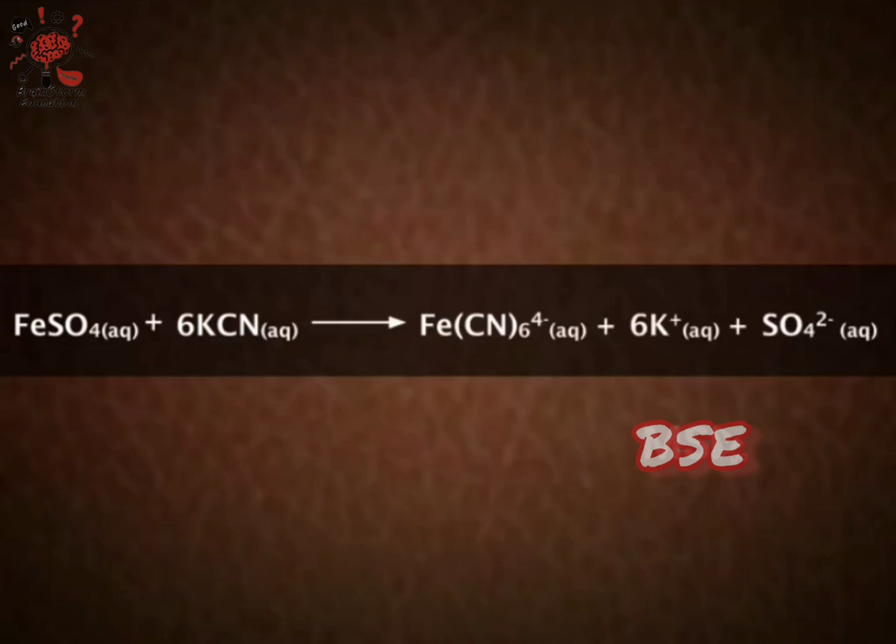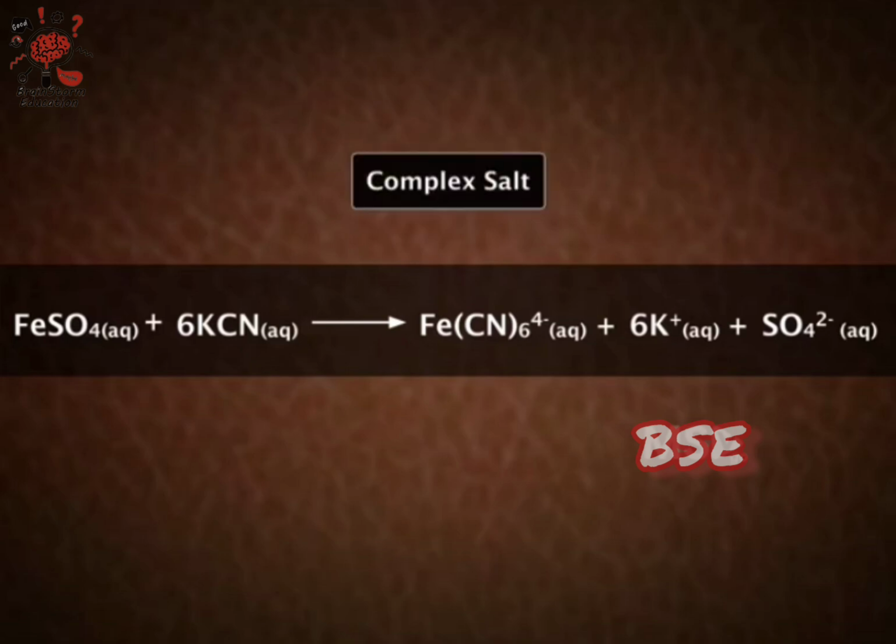It is formed when a solution of potassium cyanide and iron(II) sulfate is allowed to crystallize. The solution of this complex salt does not contain either iron(II) or cyanide ions. Instead, new ions are formed, one of which is a complex ion.